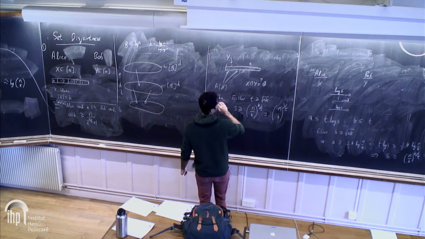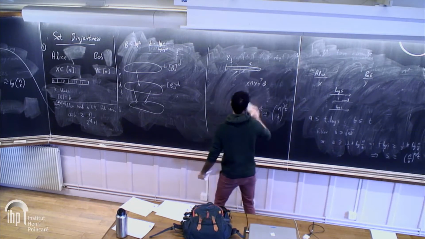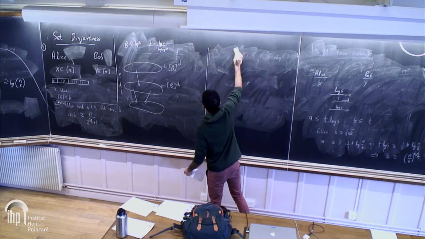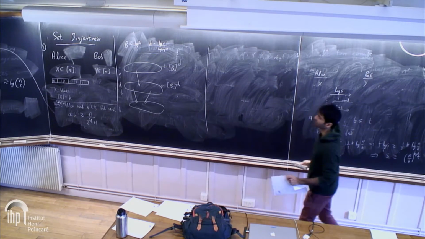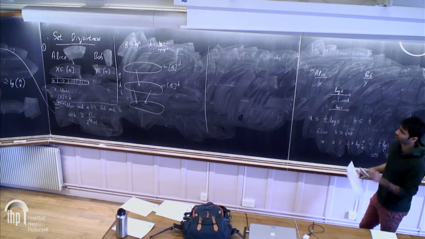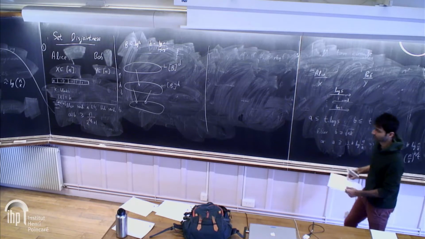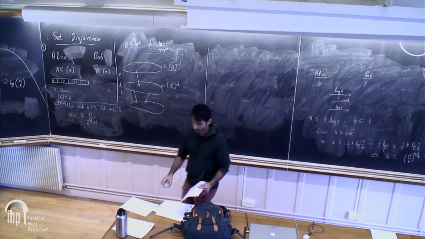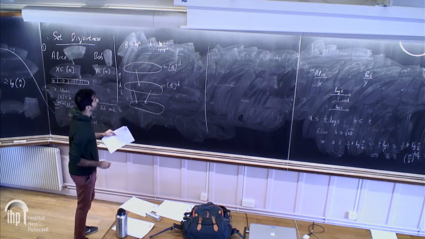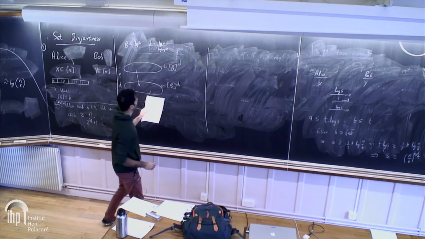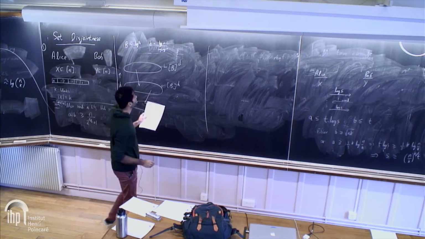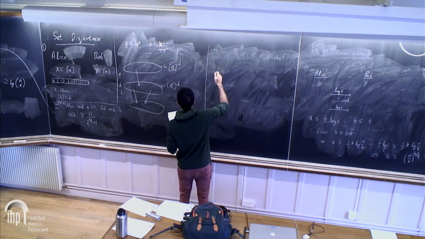Now let me describe how the reduction works. To describe the edges, let's look at a particular vertex.